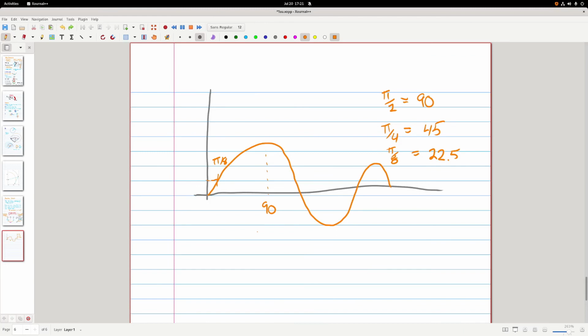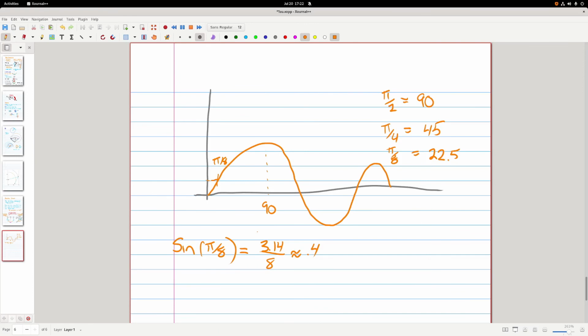So if I wanted to know what the sine of pi by 8 is, I could either pull up my calculator and punch in sine of pi by 8, or 22.5 degrees, or I can approximate this to be, let me think here, this is 3.14 by 8, that's going to be about 0.4.